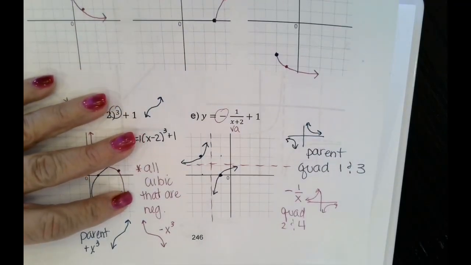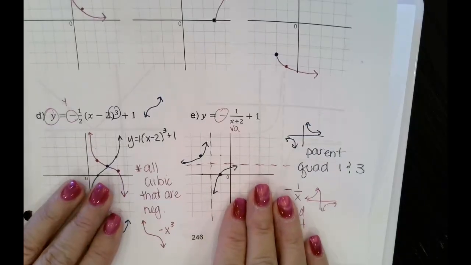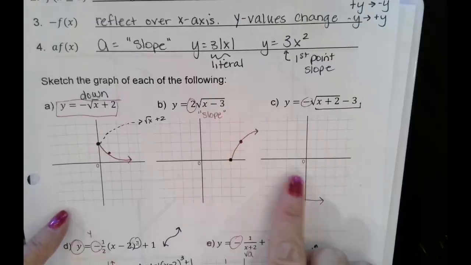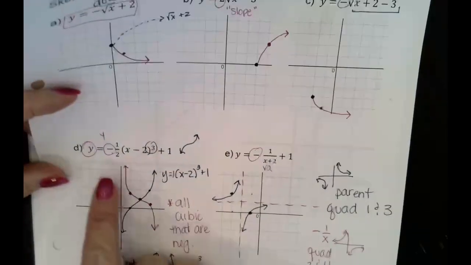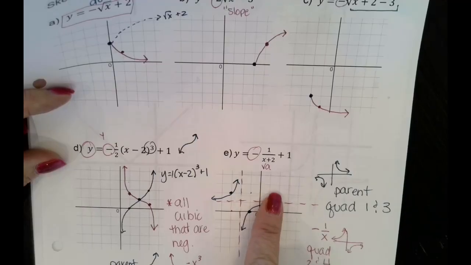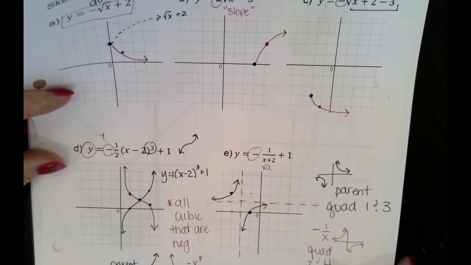All right. I know that this is new. This is just one more thing that you have to remember with these two. With a square root function, all you're doing is you're just shifting it down. But when the negative is out here on a cubic and a quadratic or in a rational, it looks a little different. The locations of your points change.